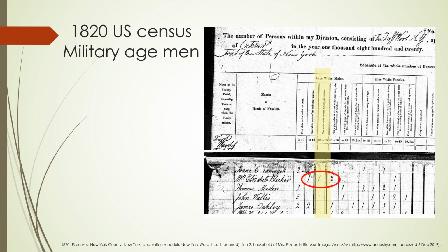At first glance, it appears that Mrs. Elizabeth Bleecker has 4 males living in her home between the ages of 10 and 25. However, the young man that's marked in the 16 to 18 column was also recorded in the 16 to 25 column. So Mrs. Bleecker only had 3 males living in her home.